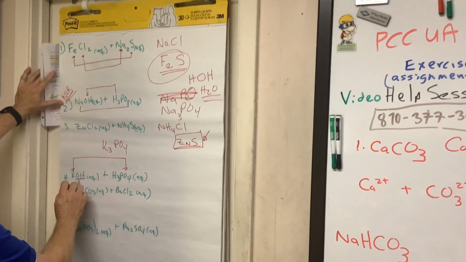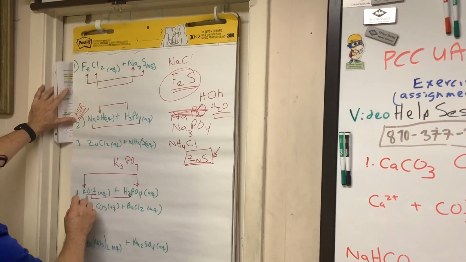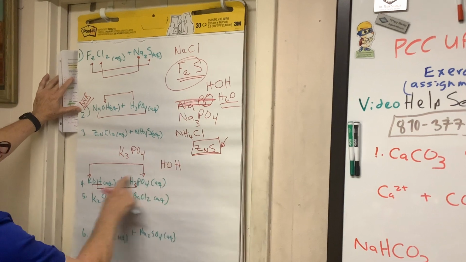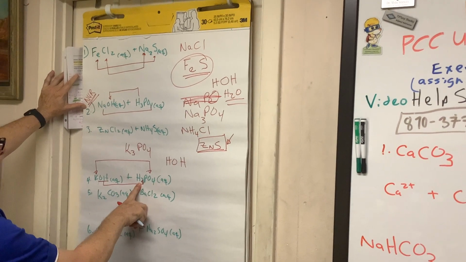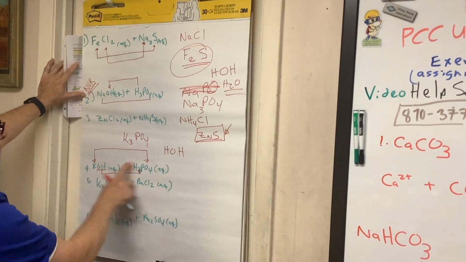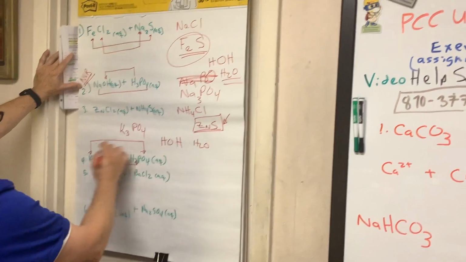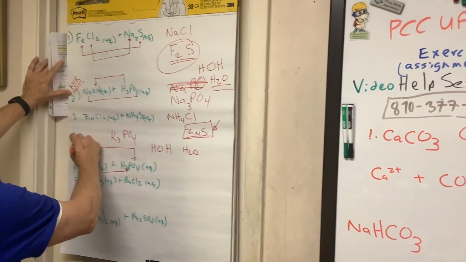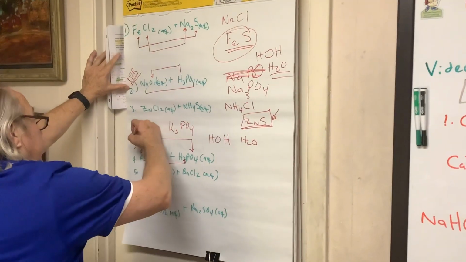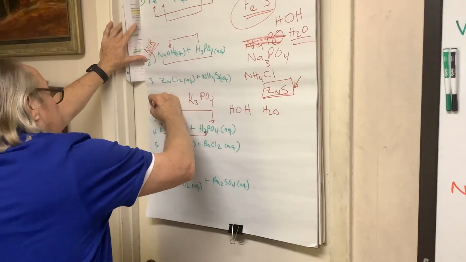And I will mix this OH with this H. It's not balanced. I would need 3 of these, but I will make hydrogen plus from the phosphoric acid and hydroxide from the potassium hydroxide, and I'll make water. So again, number 4 is no visible reaction, what we call NVR.